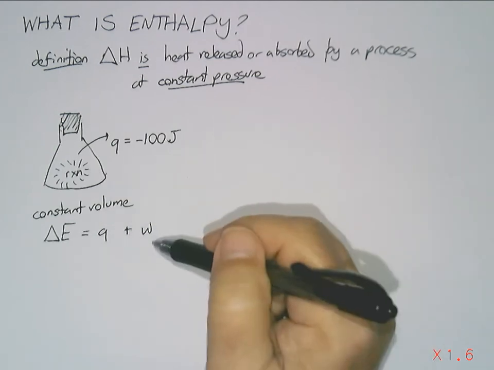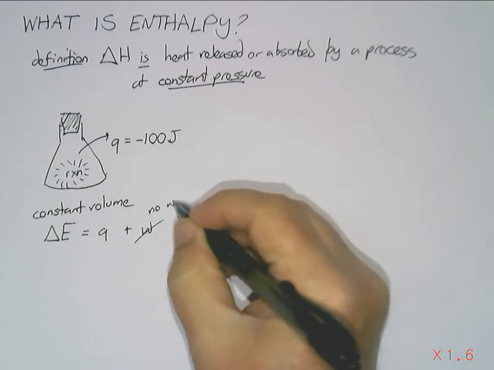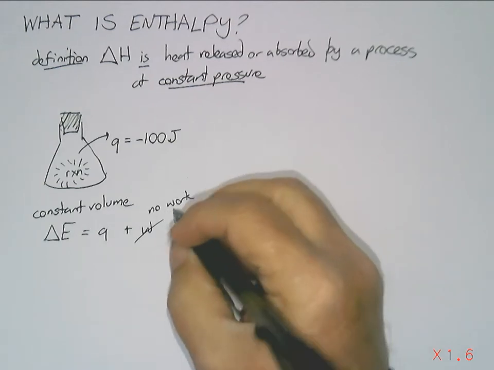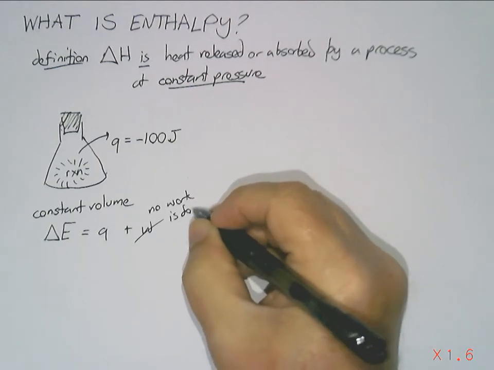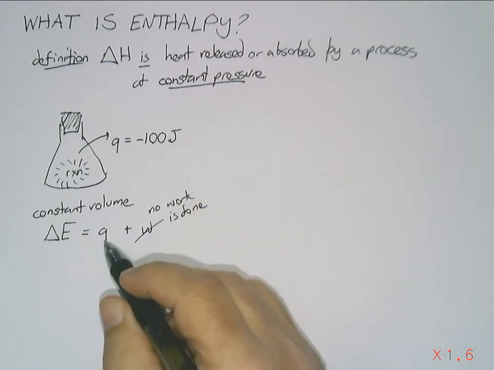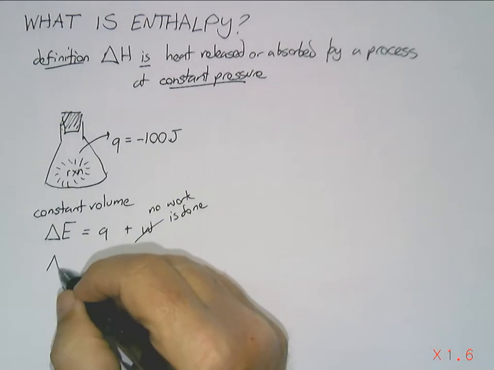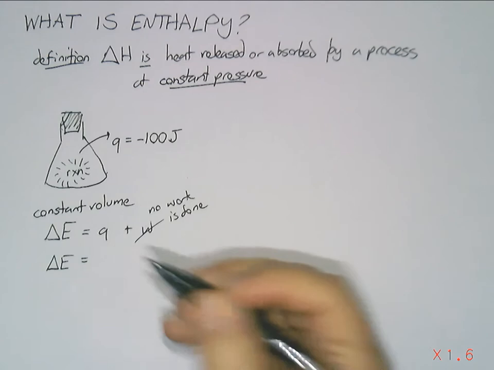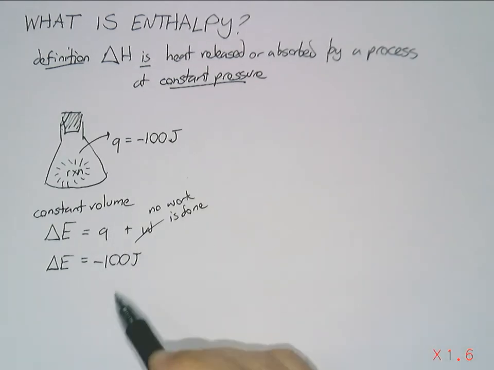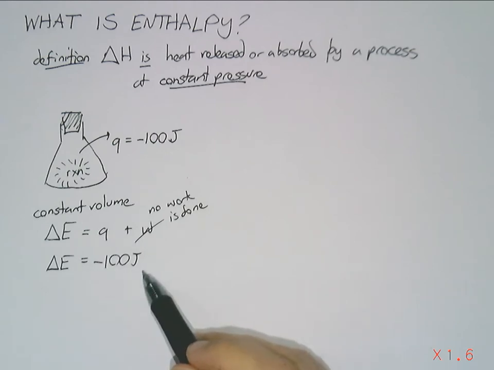Now, because you're at constant volume here, no work is done. Nothing is moving, really. And the heat that you get out there is the change in energy. So we can say the change in energy for this reaction is minus 100 joules. Another way to say that is this reaction releases 100 joules of heat.